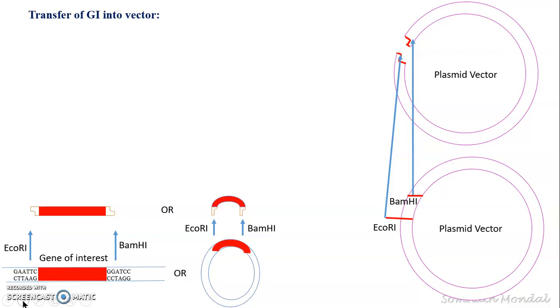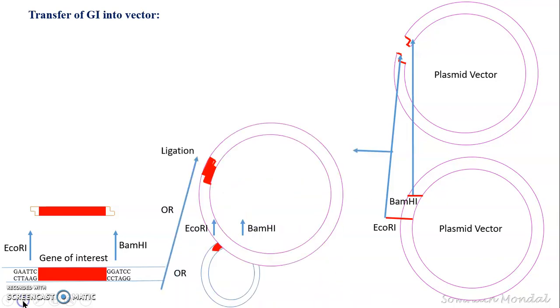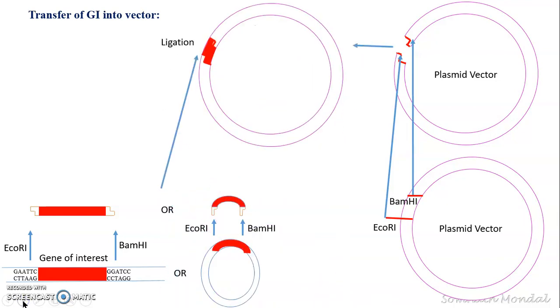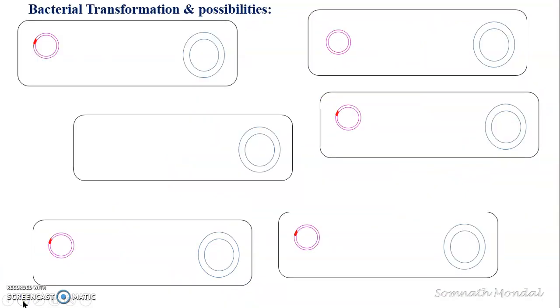Next, the gene of interest with overhanging sticky ends and the plasmid vector cut with the same set of restriction enzymes will be ligated, and the gene of interest will be inserted into the plasmid vector. Now, this plasmid vector carrying our gene of interest will be transformed into bacteria.